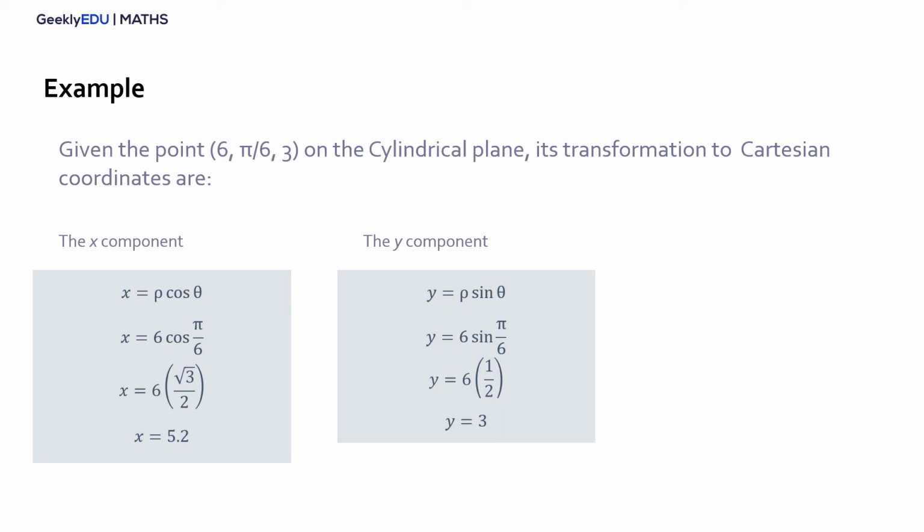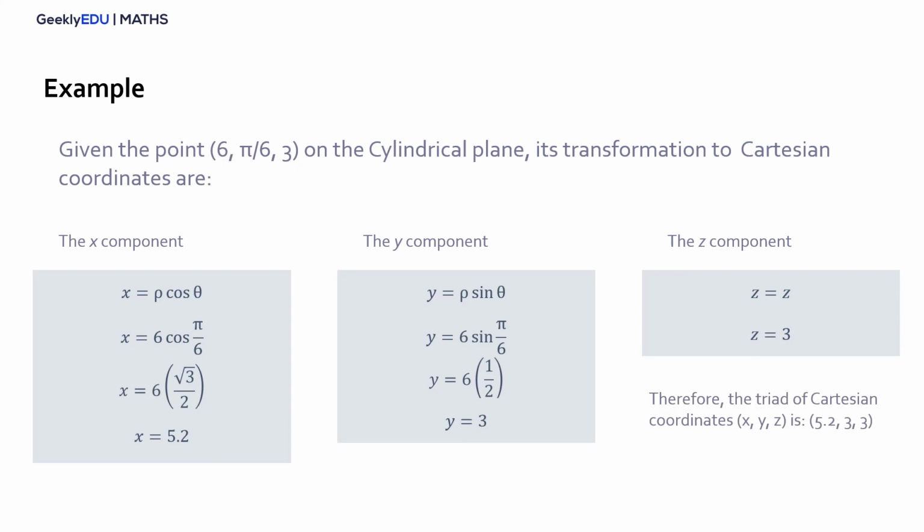And finally, the z component is the same because in both systems, z is equal to z and both are the height, so z is equal to 3. And finally, we have our three numbers, and the Cartesian coordinates x, y, z are 5.2, 3, 3.